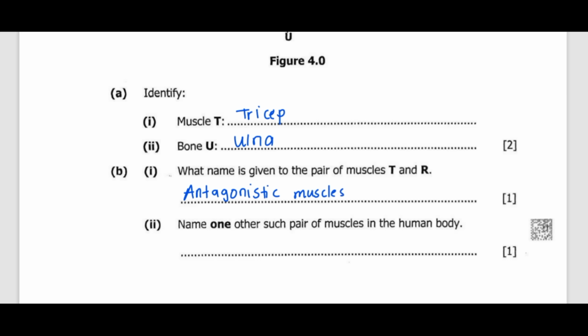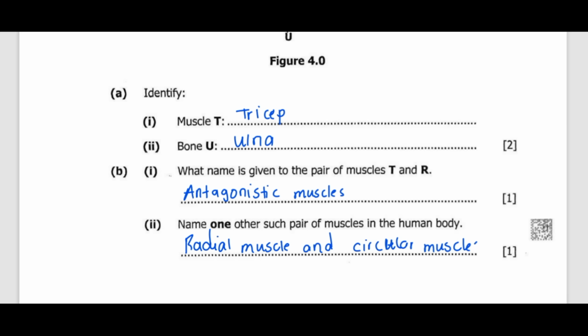Then name one other such pair of muscles in the human body. So the other pair we can use is radial muscles and circular muscles. So these are muscles that are responsible for the size of the pupil.